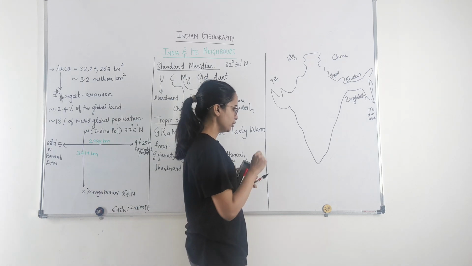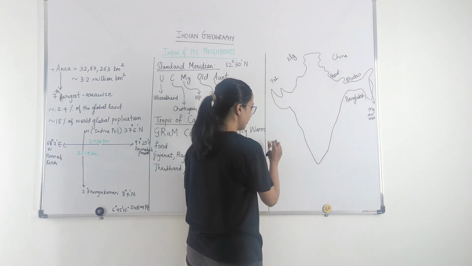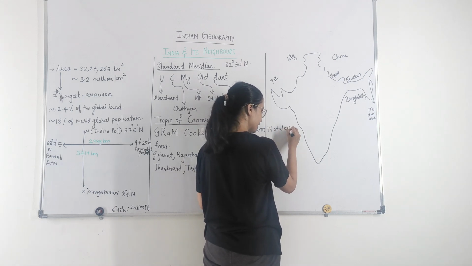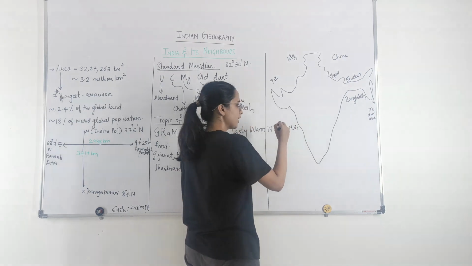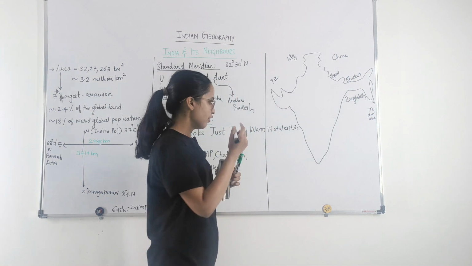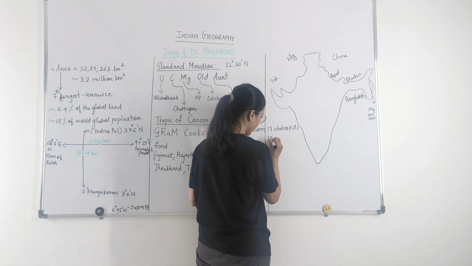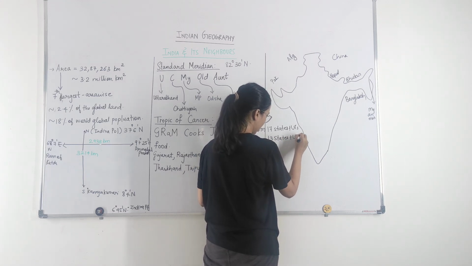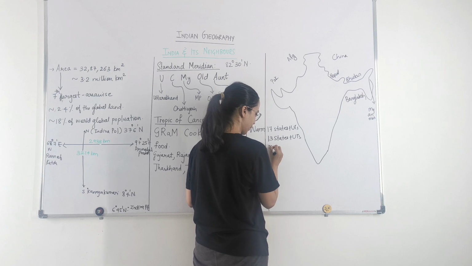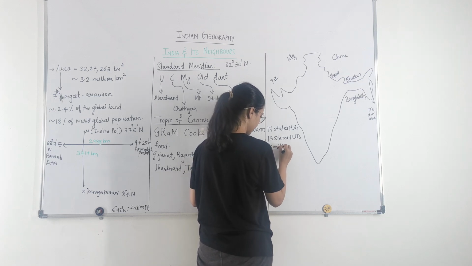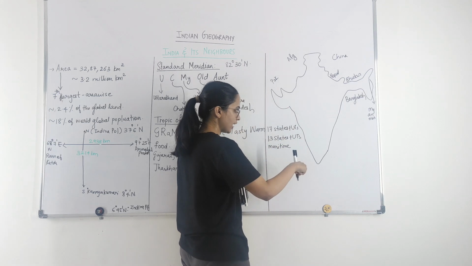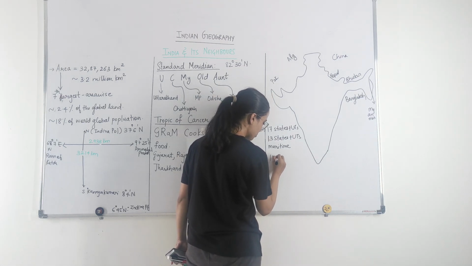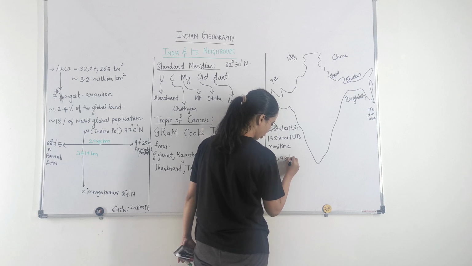Before that, let me tell you that there are a total of 17 states and union territories in India that have international land boundaries, whereas there are 13 states and union territories which share maritime boundaries. The coastline that India has as of now is approximately 11,098 kilometers.